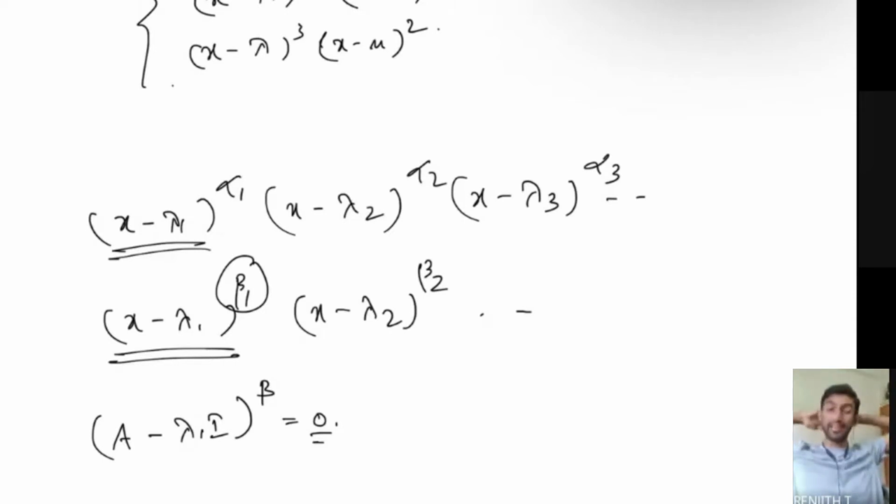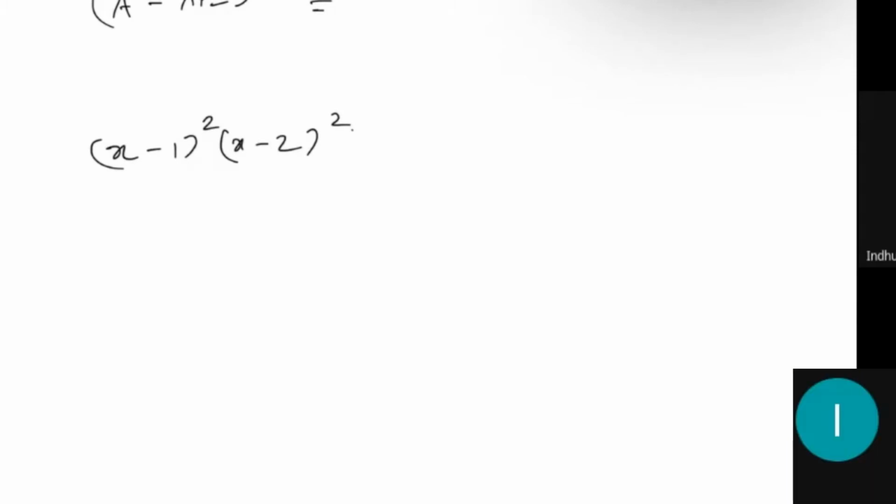If a matrix is given, then you can find it out, but even then, if it is a large matrix, it is very difficult, because for one characteristic polynomial there will be many different kinds of minimal polynomials. If the characteristic polynomial is (x minus 1) squared into (x minus 2) squared, then the minimal polynomial can be anything, right?